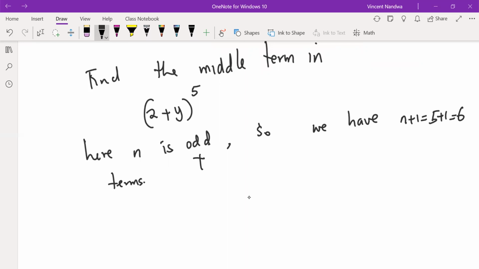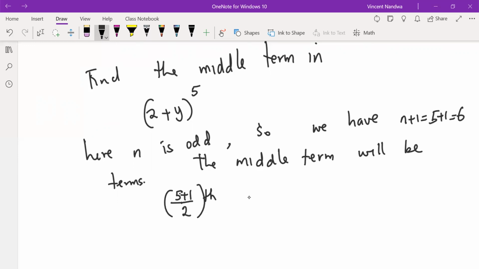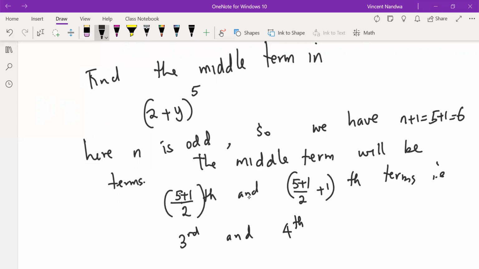So the middle terms will be the ((5 + 1)/2)th and ((5 + 1)/2 + 1)th terms, i.e., this will be the third and fourth terms.